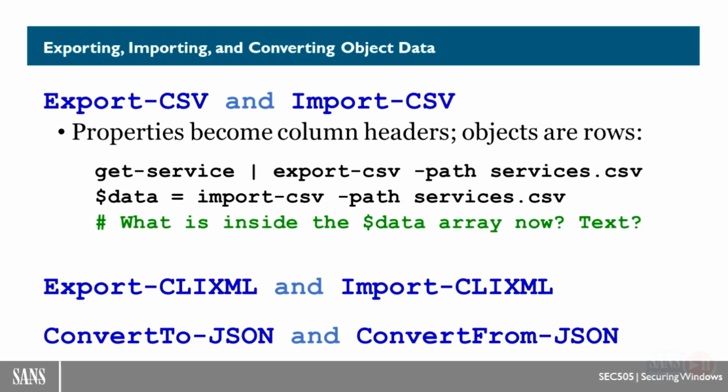And what kind of objects does it create? It creates service objects. It knows how to, so to speak, recreate or resurrect those service objects out of that text file on the hard drive to create regular PowerShell objects in memory. And where are those PowerShell objects? They're in the $data array. So the question is, what's inside $data? Is it a bunch of comma-delimited text?